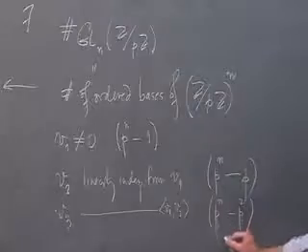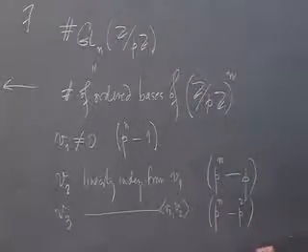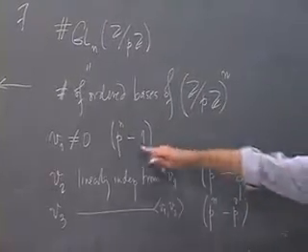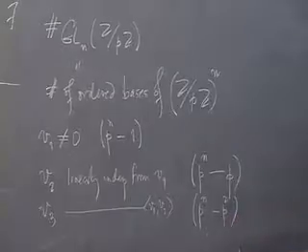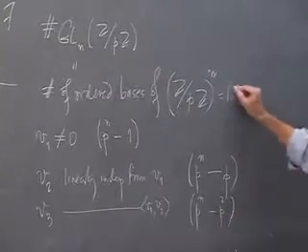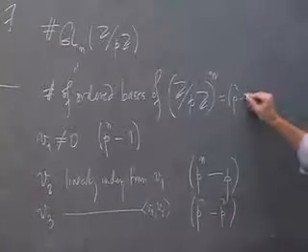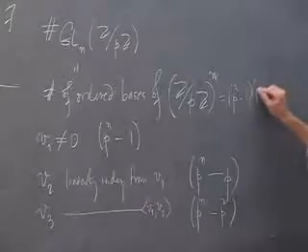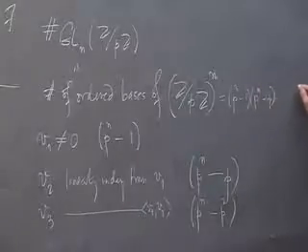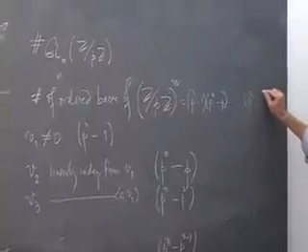We keep going down, and the last basis vector has p to the n minus p to the n minus 1 choices. So the total number of bases is the product of this number of choices times this number of choices times this times this. So it's p to the n minus 1, p to the n minus p, down to p to the n minus p to the n minus 1.